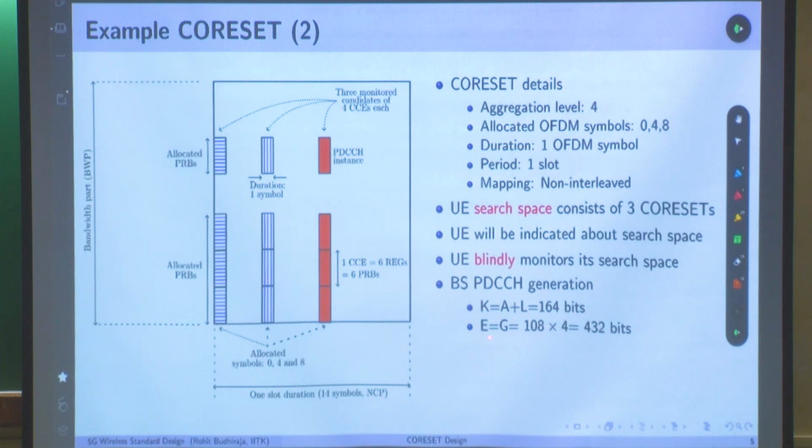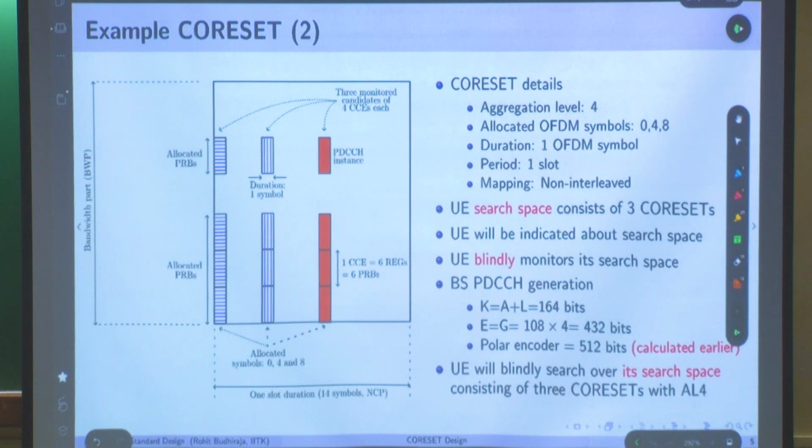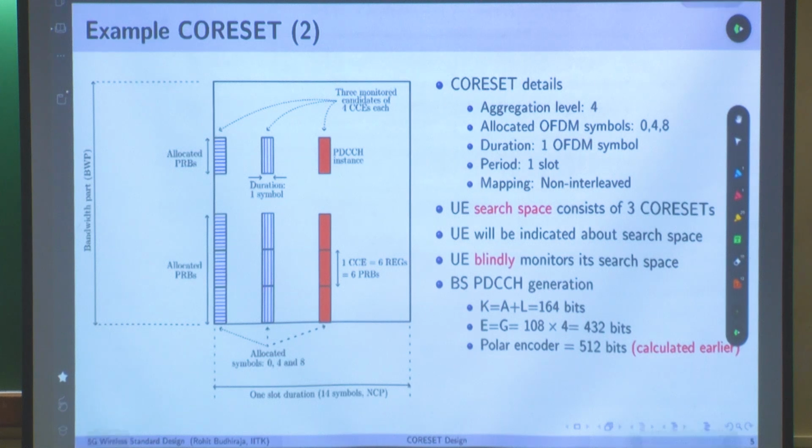Here C is 1, so E becomes equal to G. So polar encoder, how many bits will it generate? We calculated it yesterday. It will generate 512 bits. And then the rate matcher will reduce it to 432. And those 432 bits will become 216 symbols. And they can be mapped onto aggregation level 4. That's how G is.